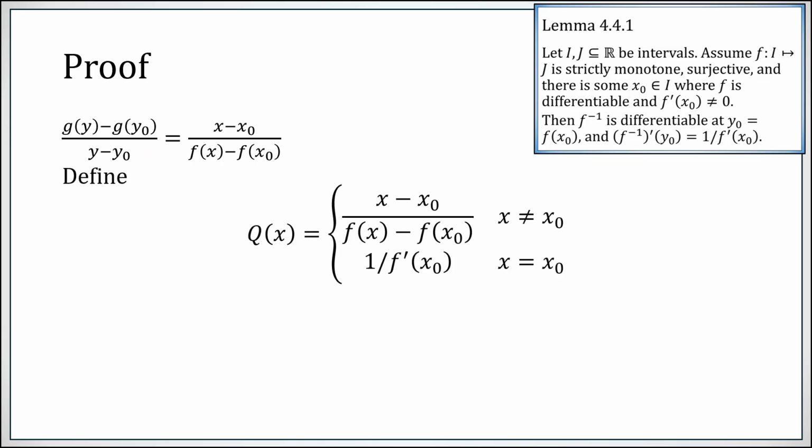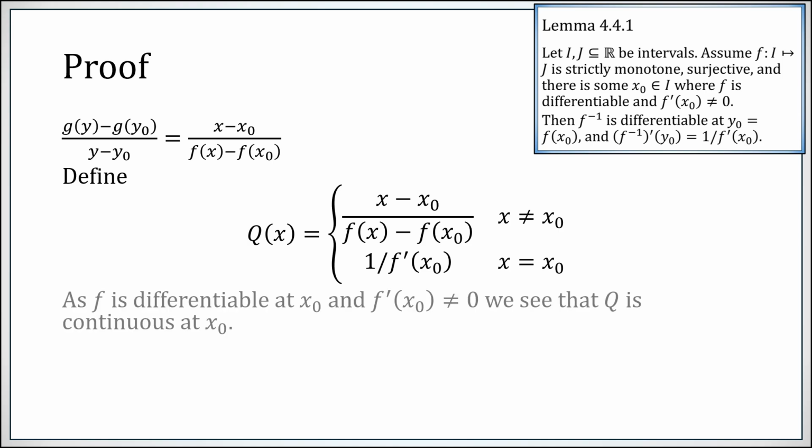So let's define capital Q. This is going to look very similar if you think back to the proof of the mean value theorem. Define capital Q as this quotient that we just derived up here, at least wherever x is not equal to x naught. If x is equal to x naught, let's make it exactly 1 over f prime of x naught.